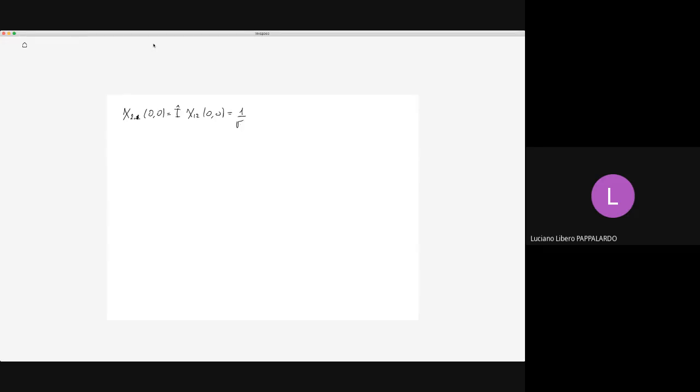This is 1 divided by square root of 2, times (2 up, 1 down minus 2 down, 1 up). This you can write in a totally equivalent way just by switching the order of the two, as 1 down, 2 up minus 1 up, 2 down.